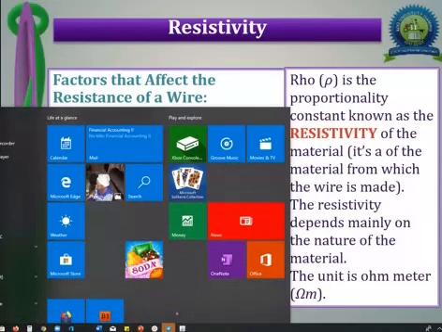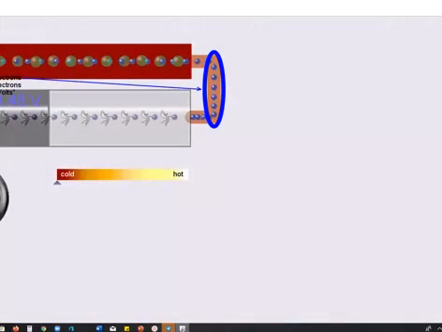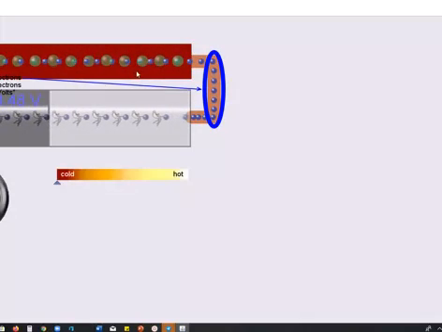And that can easily be substantiated by this. Imagine I have 1, 2, 3, 4, 5, 6, 7, 8, 9, 10, 11. I have about 11 free electrons that are opposing the flow of current in this material. You can imagine if the length of this wire is double, meaning we have double the number of these free electrons that will oppose the flow of current in that material.